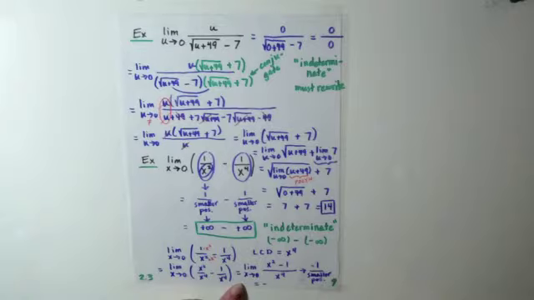Well, if the top is fixed, but the bottom is getting smaller and smaller, according to the discussion we had earlier, the overall fraction in absolute value will be blowing up, getting larger and larger. So a fixed top over a tinier and tinier bottom means the overall fraction is getting infinitely large in absolute value. But the overall sign is negative, and so my answer would actually be negative infinity.